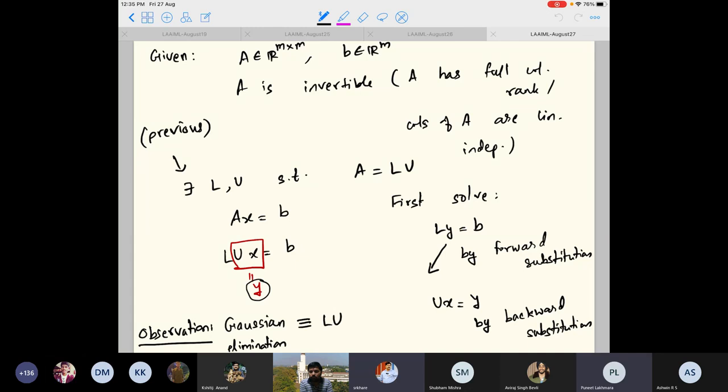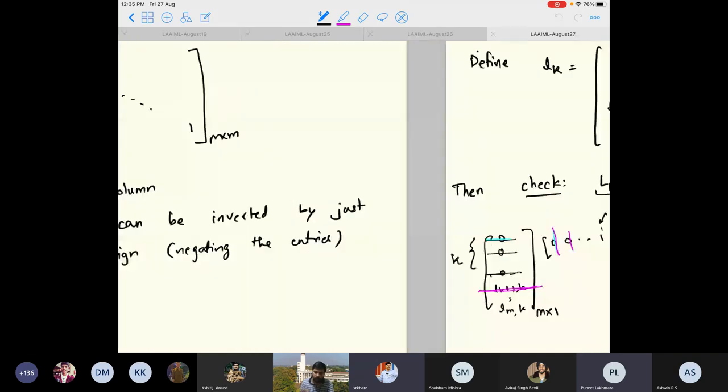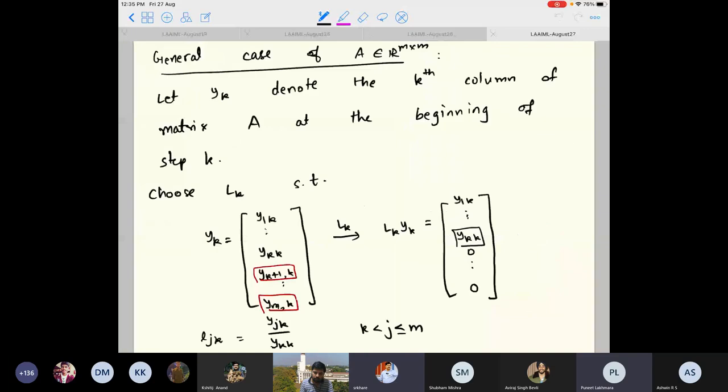Sir, for the general case, this y_k we have taken as the kth column of matrix A. Shouldn't it be the kth column of the matrix L_{k-1}, L_{k-2} and A? Yeah, it is that.